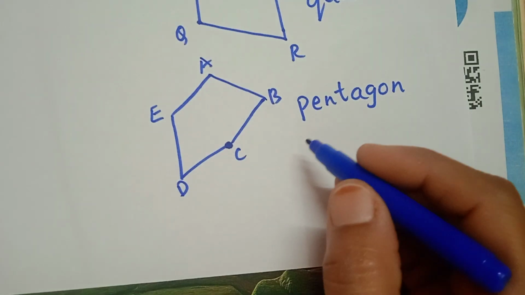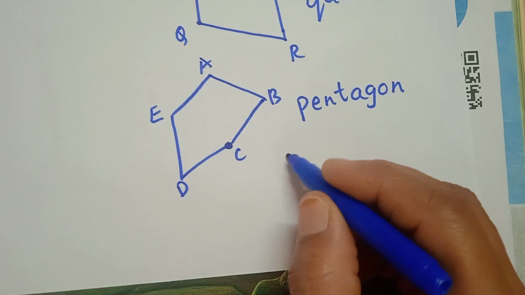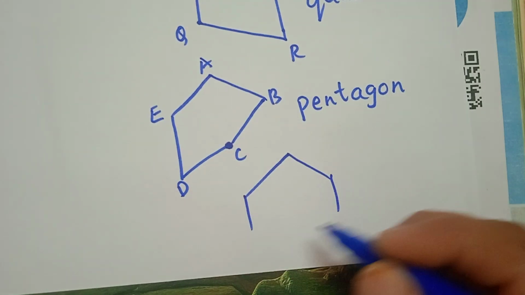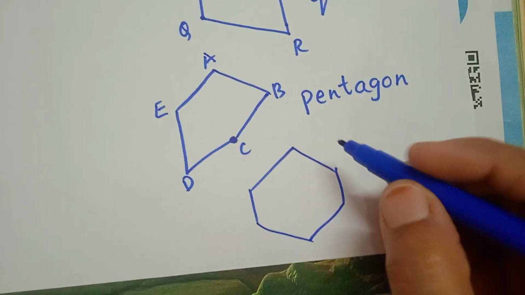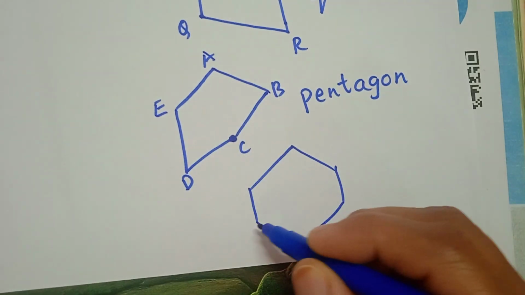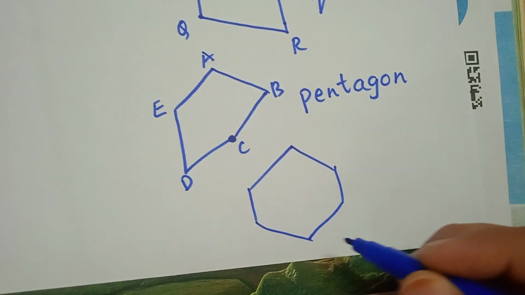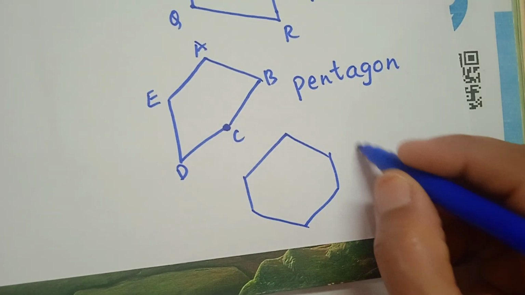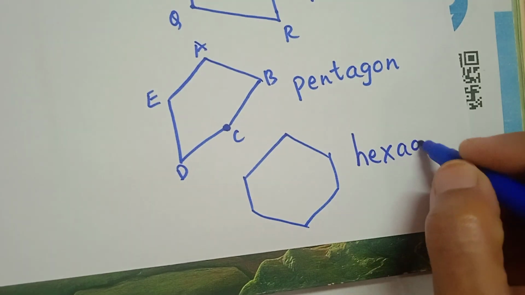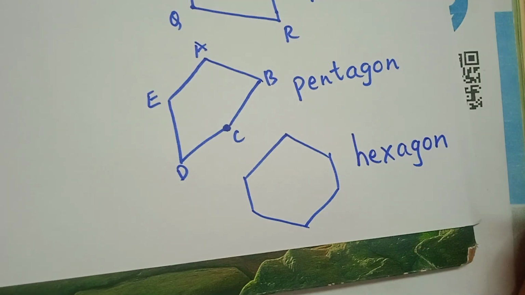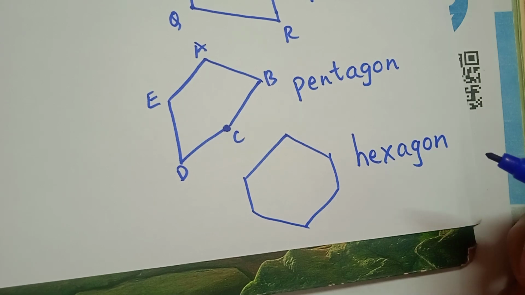In the same way, if it has 6 sides, 1, 2, 3, 4, 5, 6, it is called a hexagon. 7 sides, septagon. 8 sides, octagon. 9 sides, nonagon. 10 sides, decagon. So all these are polygons.